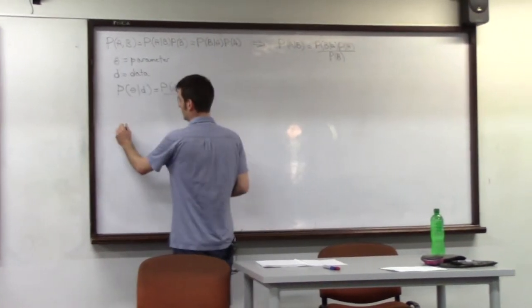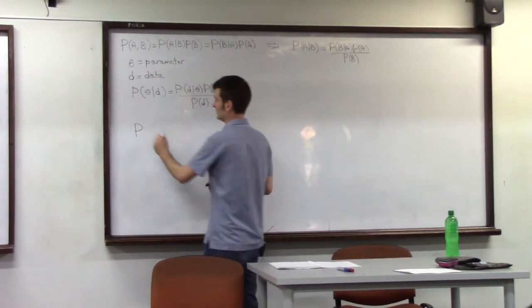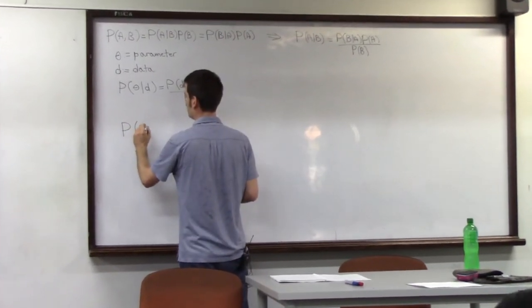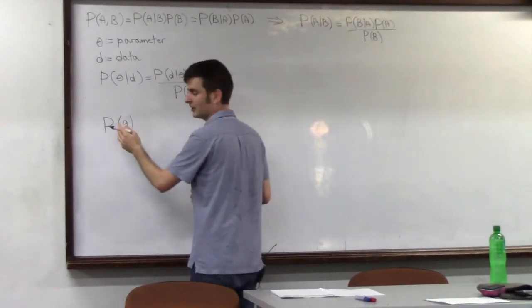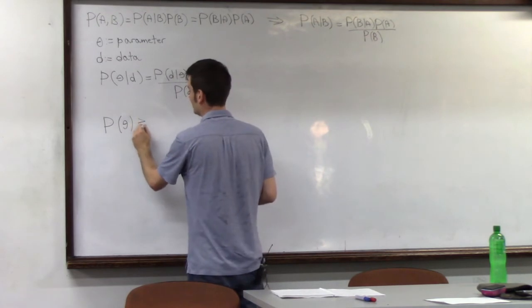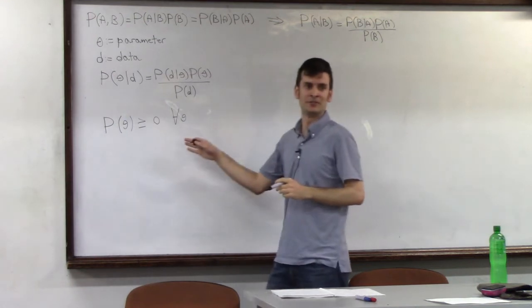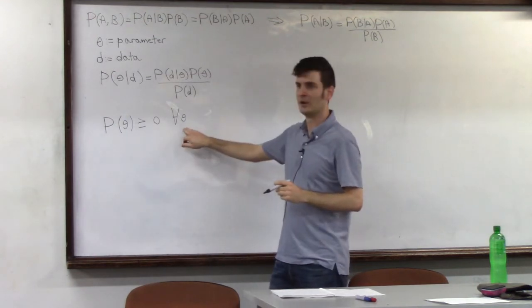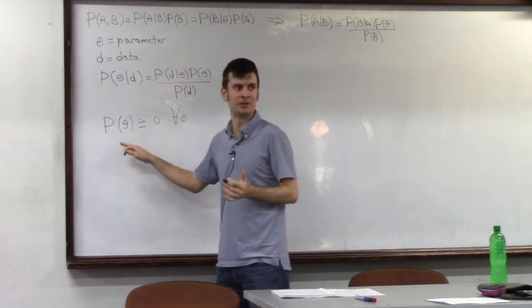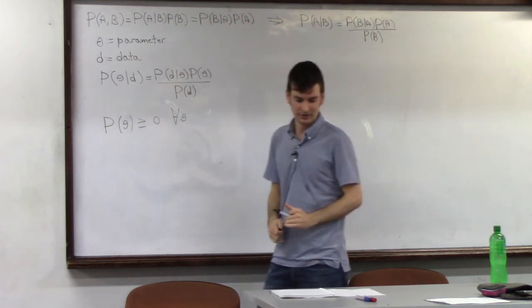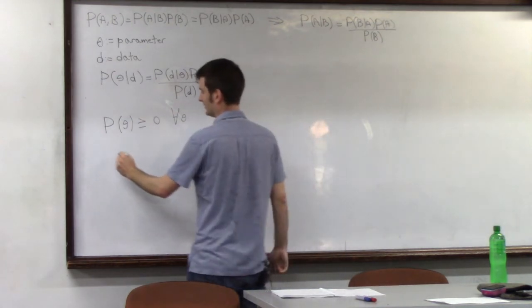All of our probability distributions, if theta now is a continuous variable, well, even if not, they all have to be positive, defined for every possible value of theta. This makes sense. Negative probability doesn't make any sense. They have to be normalized to unity.